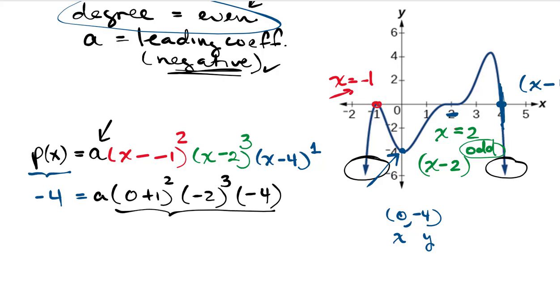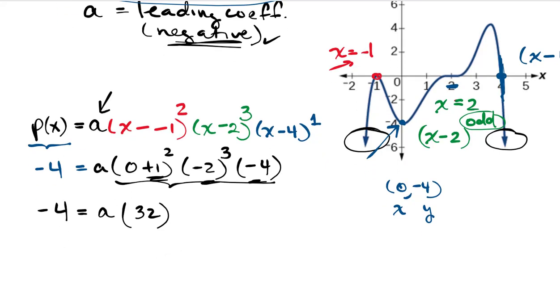Simplifying these numbers, we get a times, that's a 1 times -8 times -4. So we basically end up having the product of two negative numbers, which is positive 32, and then set it equal to -4. So we're dividing the equation by 32 to both sides.